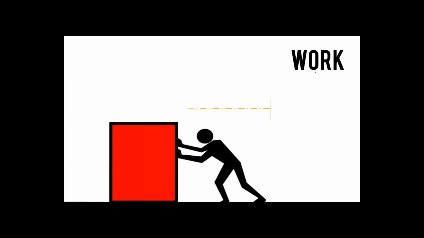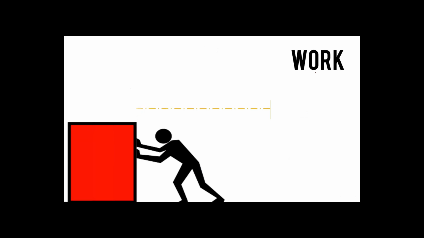So when we say work, what does it really mean? From the word itself, work is our literal understanding of the word. If we translate this in Tagalog, it means trabaho or nagtatrabaho.